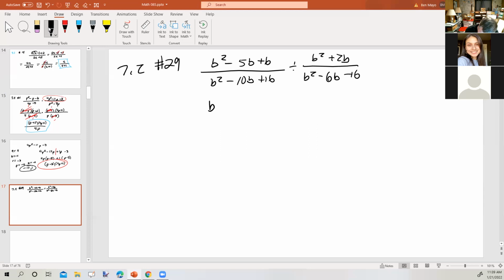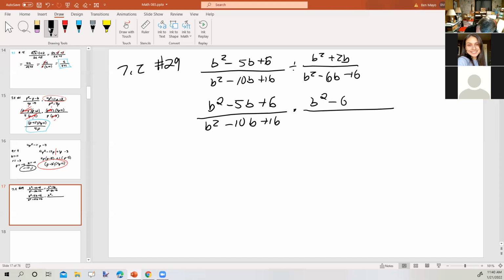So I'm going to have b squared minus 5b plus 6, that's a 6, over b squared minus 10b plus 16 times b squared minus 6b minus 16 over b squared plus 2b. Hopefully I won't get my b's and sixes mixed up. Okay, so now I'm going to factor each thing.